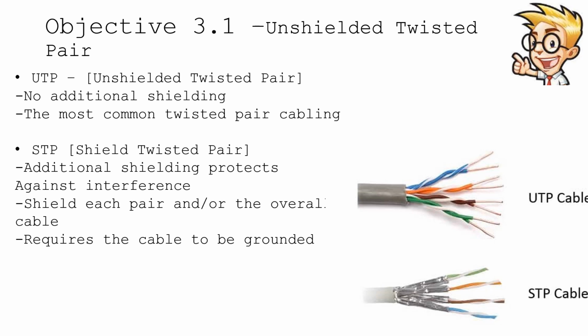So this would be F/UTP for foil. Here's another cable that has a braided shield around the entire cable, and each individual pair of wires has foil around it. The abbreviation of this is F/FTP, which means we have braided shielded / foil twisted pair.